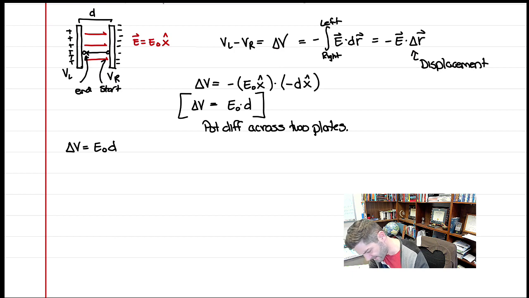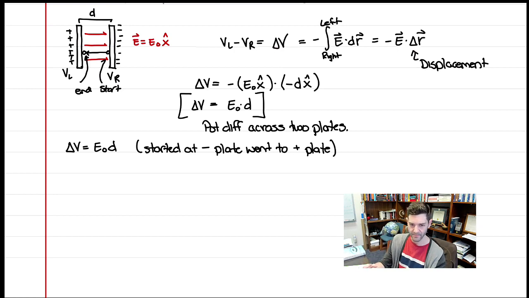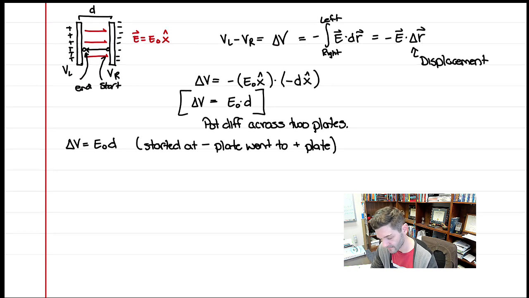But again, this delta V was, we started at the negative plate and went to the positive plate. To be consistent with what we were saying before, we went against the electric field, so our potential increased, final minus initial, saying that the positive plate is at a higher potential than the negative plate.